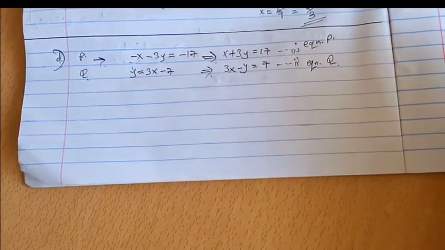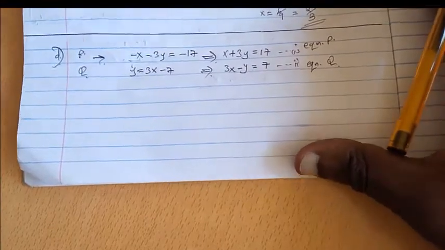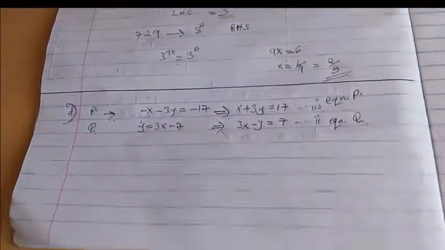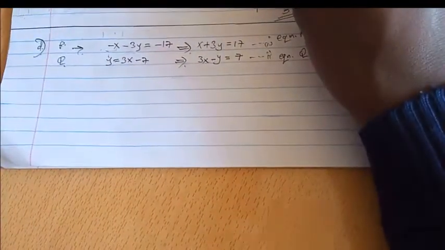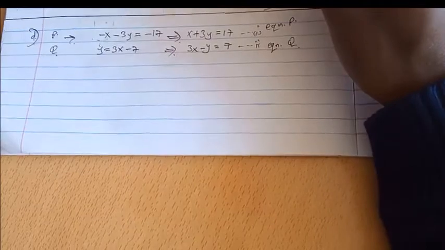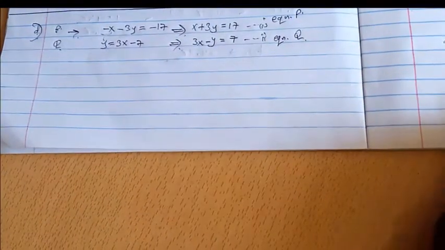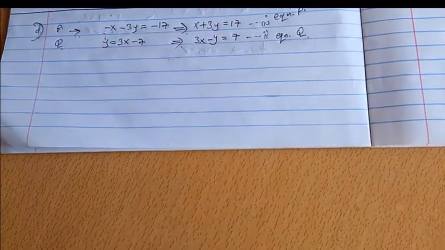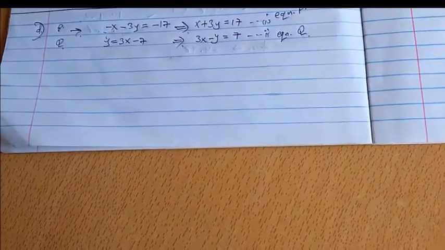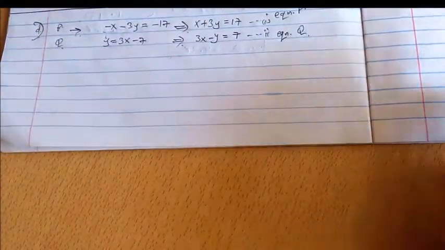My camera just slid off. Let me hold it into the right position. So one of the methods which is the easiest to me is substitution. Many students tend to run away from this method. I don't know why, but to me I consider it to be the easiest and one that is most straightforward.